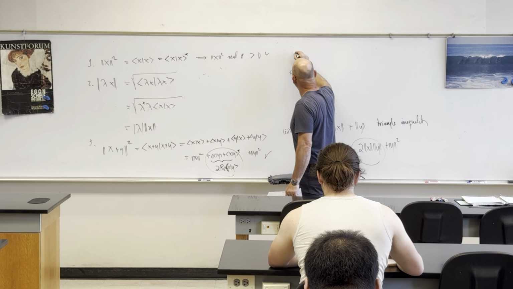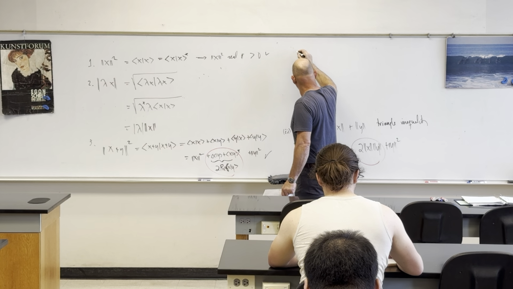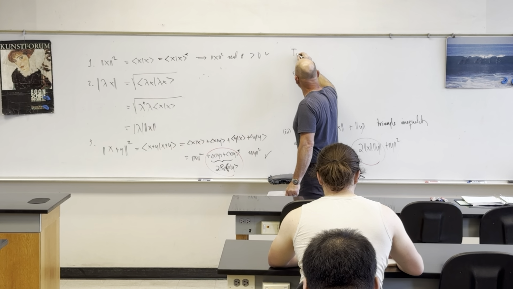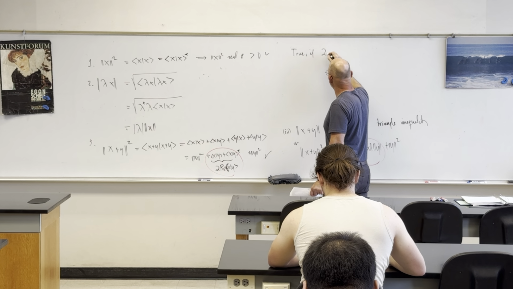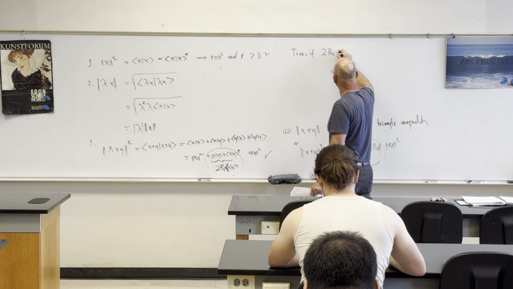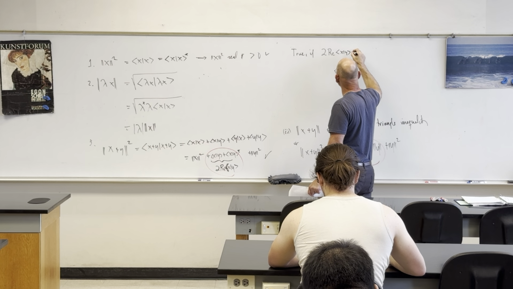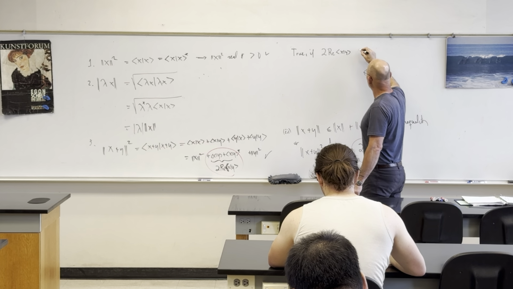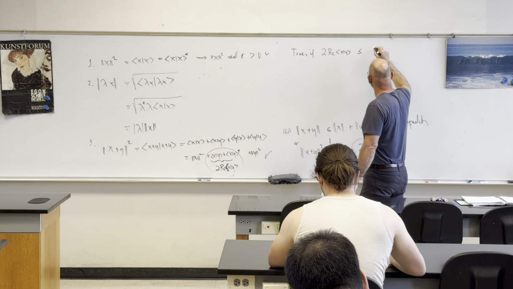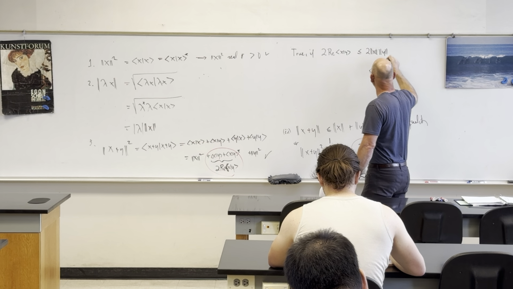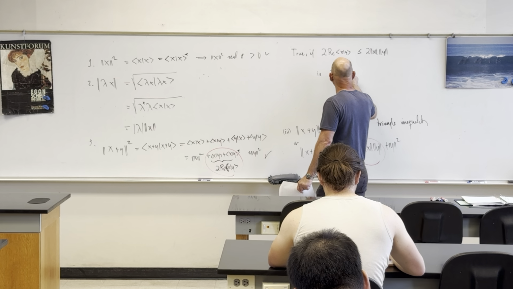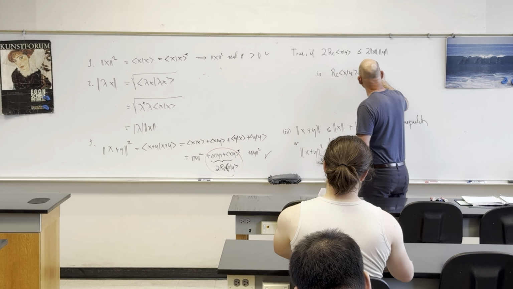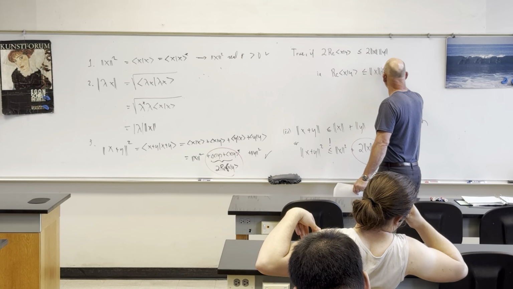So the triangle inequality is true if 2 times the real part of x,y is less than or equal to 2 times the norm of x times the norm of y. That is, real part of x,y less than or equal to norm x times norm y.